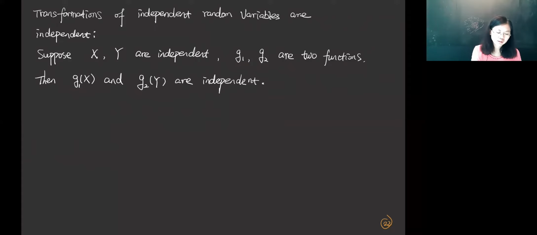Or in other words, transformations of independent random variables stay independent. And this we are going to use in some of the derivations. And why so? Why does transformation not affect independence?